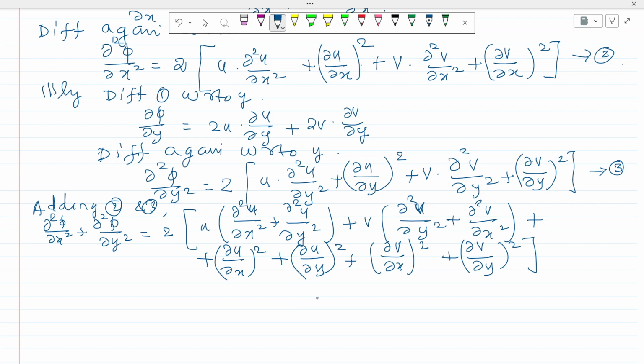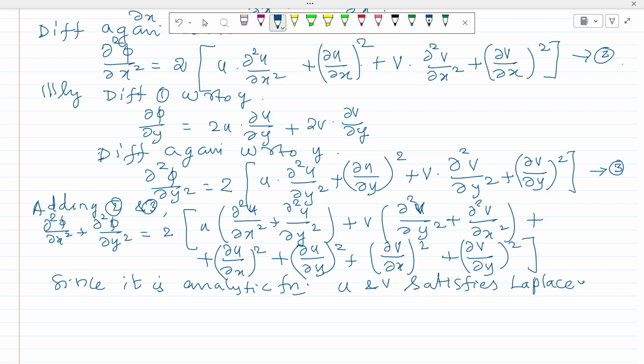Since it is an analytic function, it satisfies the harmonic equation, the Laplace equation. Since it is an analytic function, u and v satisfy the Laplace equation.